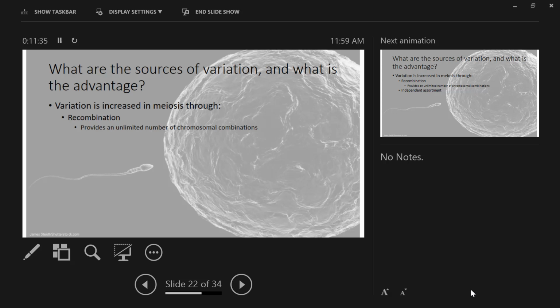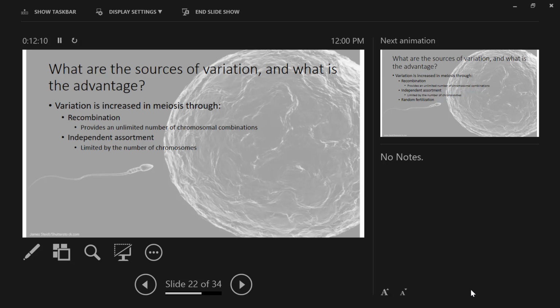Now it's not actually unlimited, there's obviously going to be a limit, but we have enough combinations that it's virtually limitless. We have way more combinations possible than gametes you'll make during your entire lifetime. So recombination can facilitate making more varieties of gametes than the number of gametes that you can make during your lifetime. And the other one is independent assortment.